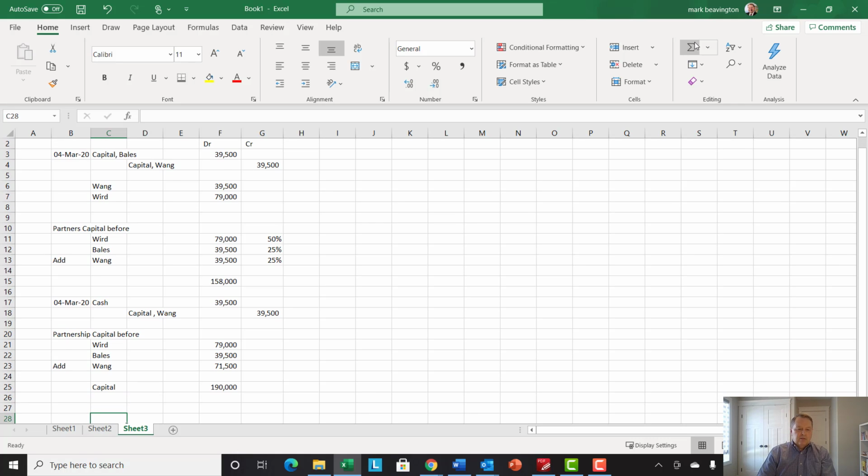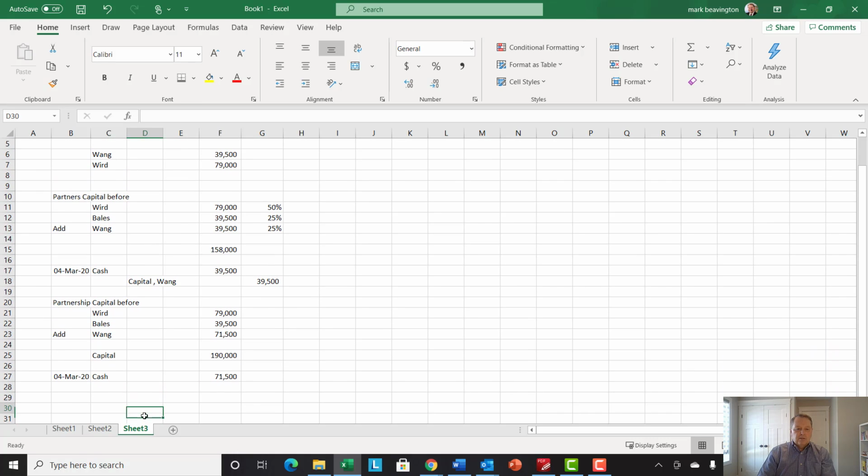Now, because Wang is only buying a 25% share, Wang's capital account should be 25% of the 190,000 in capital. So the journal entry here on March 4th of 2020 is a debit to cash. She throws cash in of $71,500.